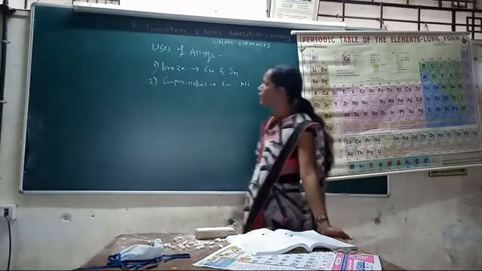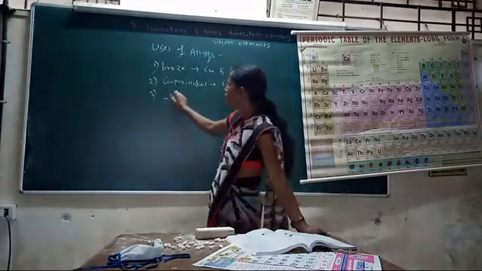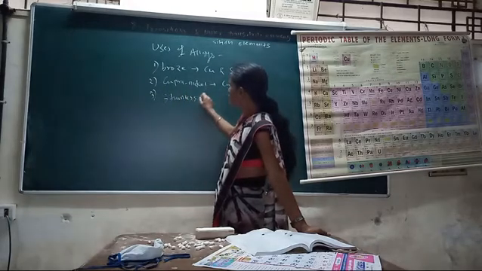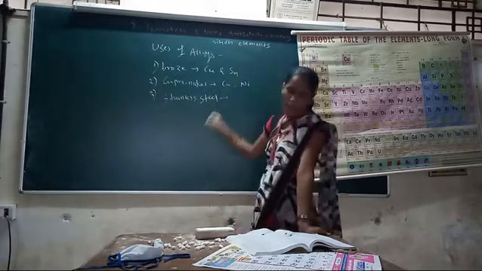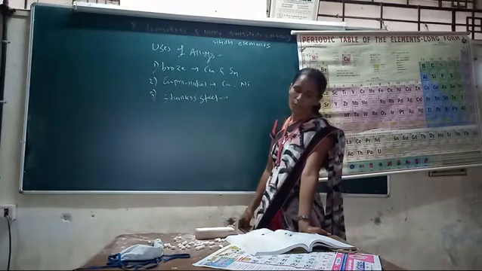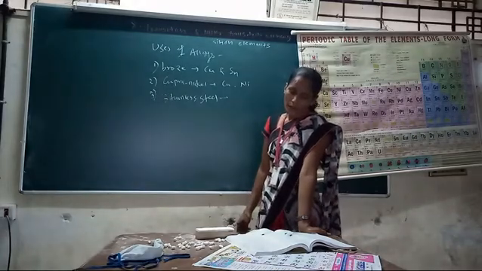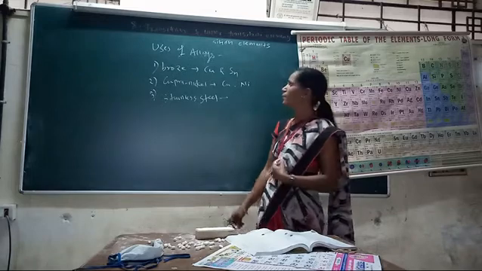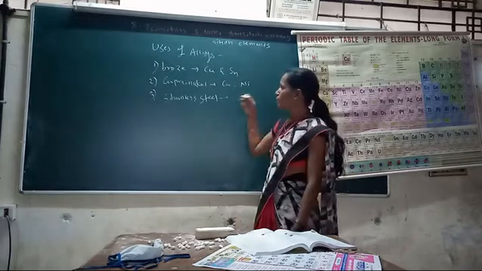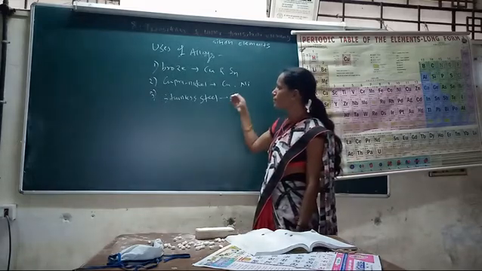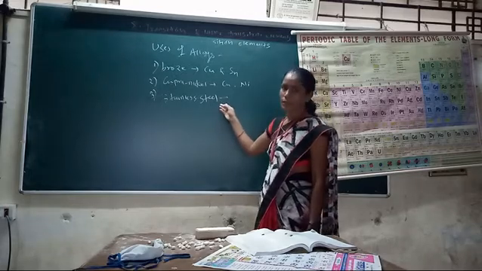Then third, stainless steel alloy is used for construction of ultra high speed aircraft, meaning aeroplane parts, airspace, ships and buildings.